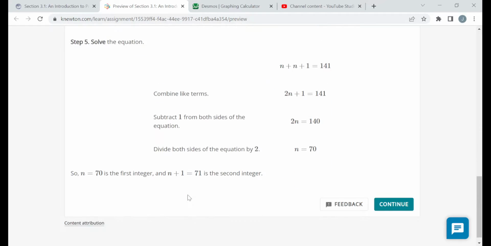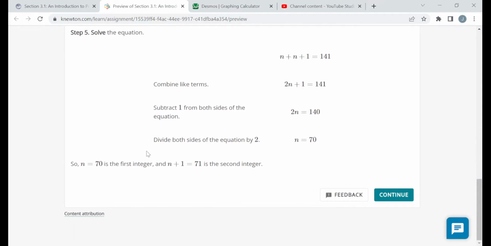Solve the equation, and then answer the question. I mean, they should have really put step 6, answer the question, because the solution of the equation is only part of the answer. What you're going to be doing is taking the solutions of your equations and using those solutions to answer the question at hand. And then, of course, as always, the last step should be check your solutions. Make sure they make sense.